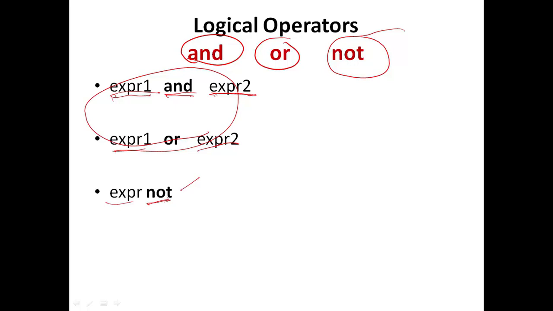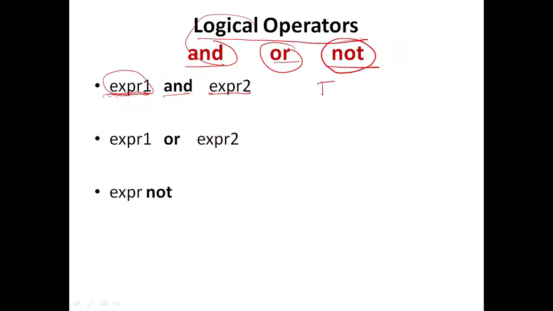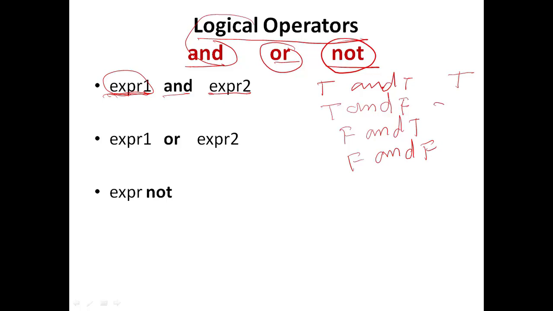So how does this AND work? AND evaluates both expressions. If both expressions are true, the answer will be true. And if both evaluate to different values, that is true and false, or false and true, or false and false, the answer for these three will be false.